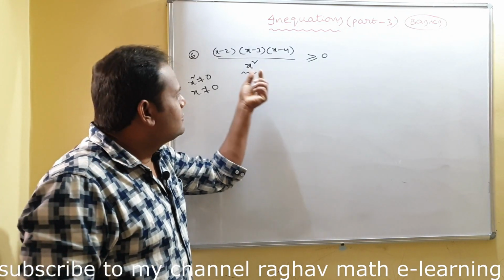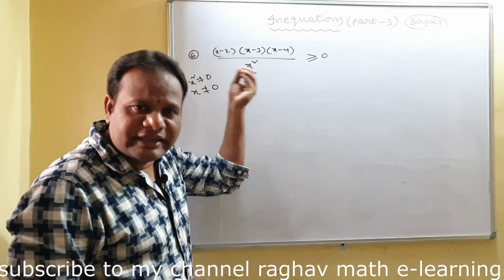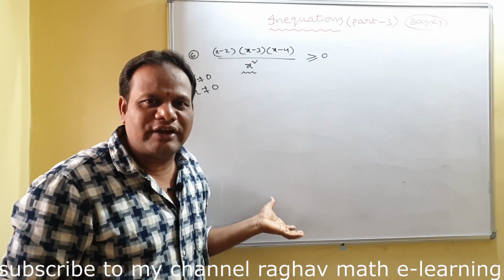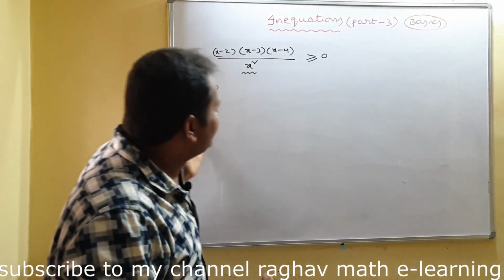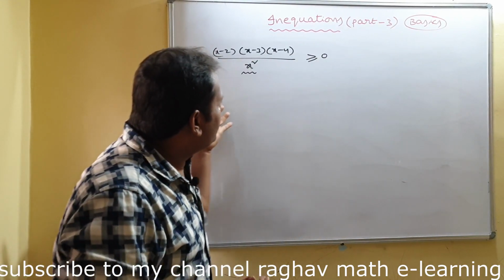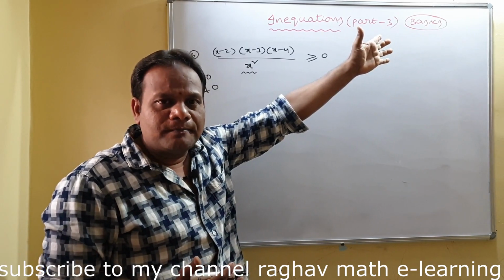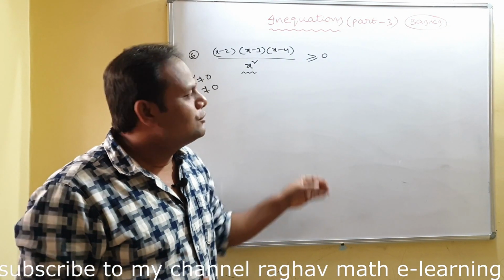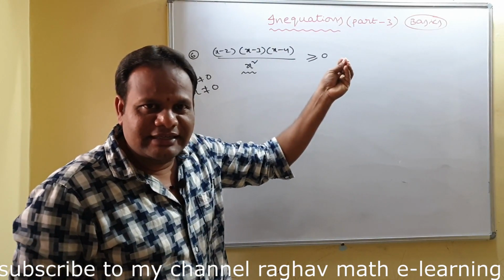See, here x square is a positive value, no doubt in that. So can I do cross multiplication? Yes, I can. If you multiply with a positive value, is there any change in inequation sign? No, the inequation sign doesn't change.